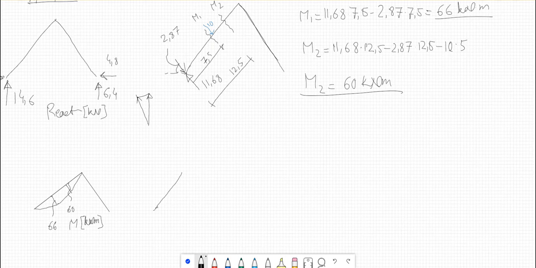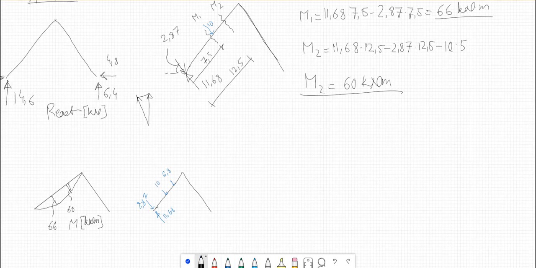So here we'll draw the shear diagram. So we have the 11.68, and also we have the contribution from the horizontal reaction force, and also we have two forces from the applied point load on the beam.